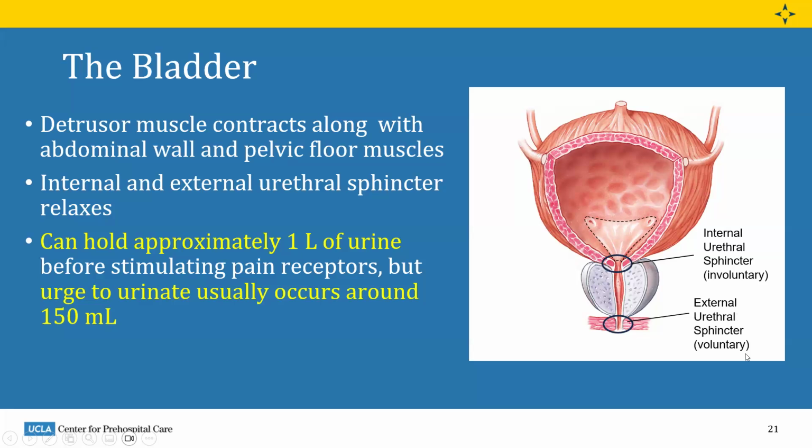That's our external urethral sphincter. For urination to happen, we basically have to relax both of these to allow urine to flow, unless you have an overwhelming amount of urine in your bladder that might override our external urethral sphincter as well.